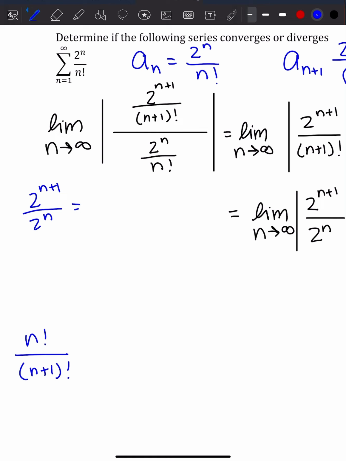We can think about this in a couple different ways. One of the ways is that 2 to the n plus 1 is the same thing as 2 to the n times 2 to the first, divided by 2 to the n, which means that we have 2 to the first, and that's it. The other way we can think about it is that when we divide fractions like this, it's like taking 2 to the n plus 1 and subtracting n from it.